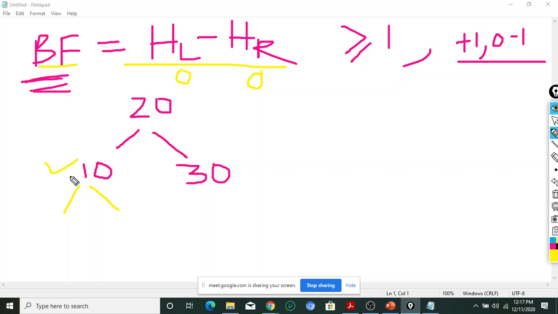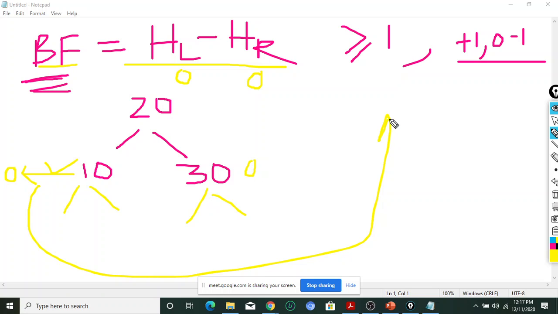What is the balance factor? 0, sir. This one also was 0. Please try to understand, every time for a child node the balance factor is 0, because the left and right subtrees are missing, so 0 minus 0 means 0. These are the leaf nodes, so this is 0.